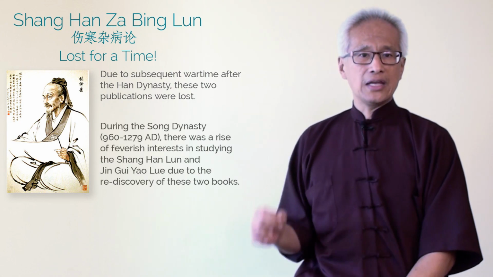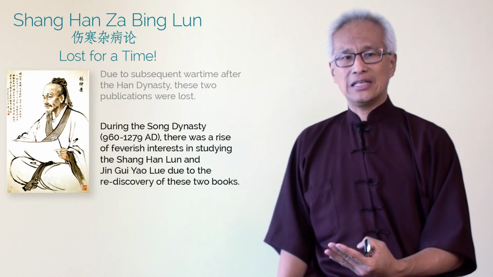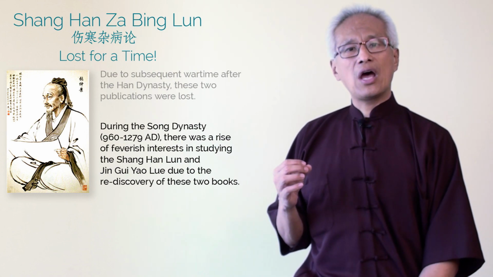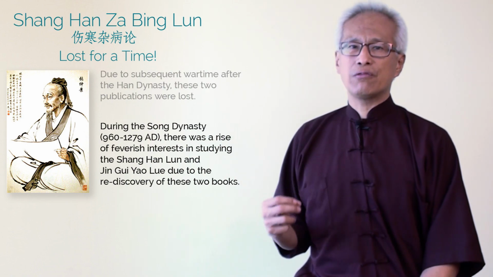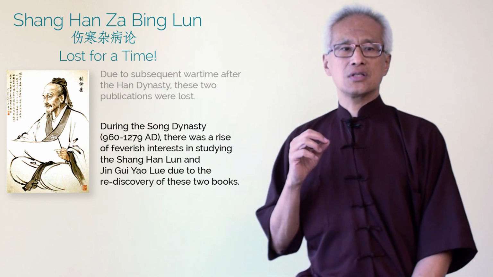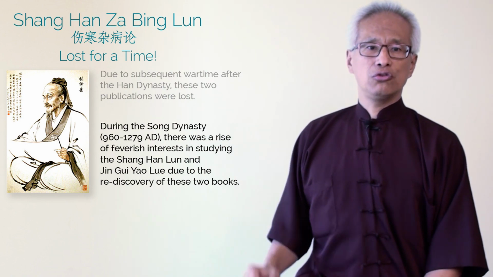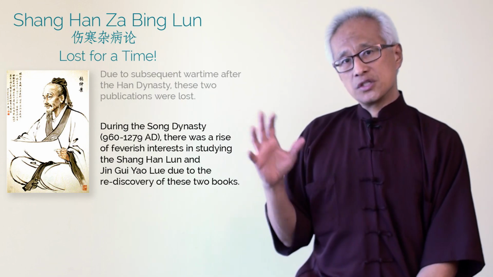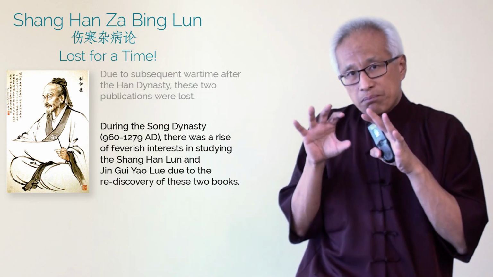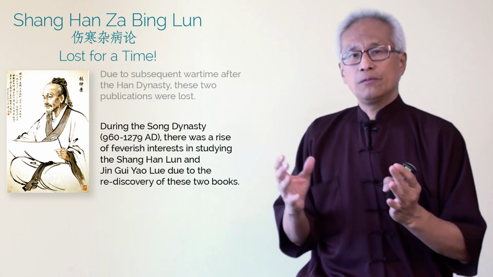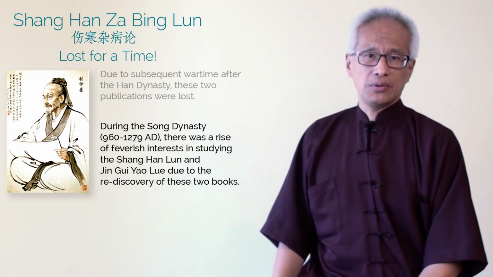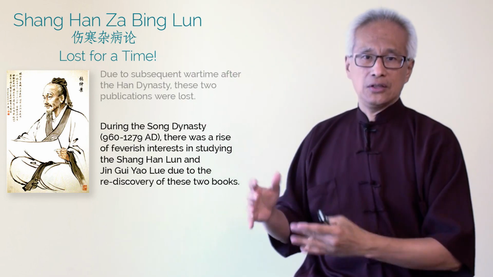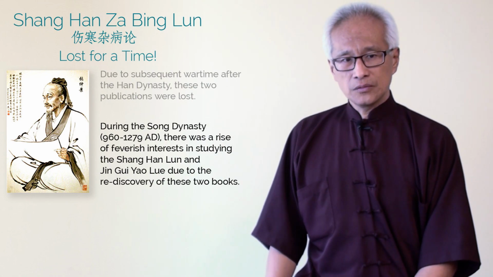Now, during the Song Dynasty, which is about 960 to 1279 AD, there was a rise of feverish interest in studying the Shanghan and Jingfang due to the rediscovery of these two books. In fact, Sun Simiao republished these books in his Qianjin publication. So that's where we can see some of the former editions of this book.